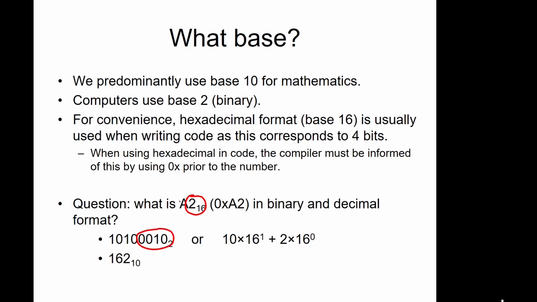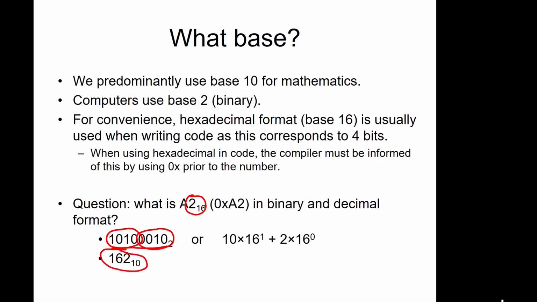And then the A in hexadecimal has the value of 10, so we can write that as 10 in binary, 1010. So A2 becomes this value in binary. We can convert that into base 10, so we could convert this binary number into base 10, which gives us 162.